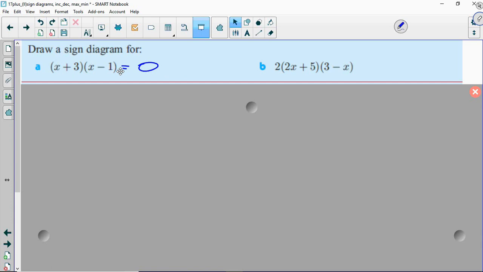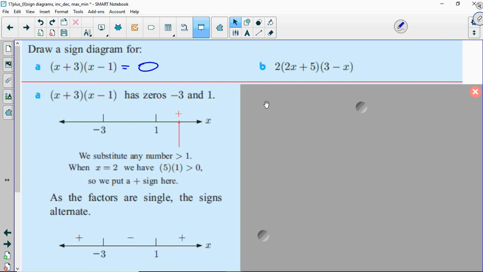And then if we want to figure out the sign, we're going to substitute just any particular value that's to the left of -3, any particular value that's in between -3 and 1, and any particular value that's bigger than 1.